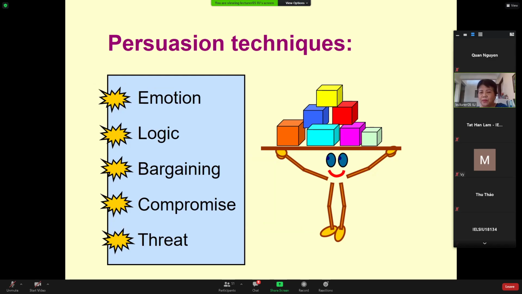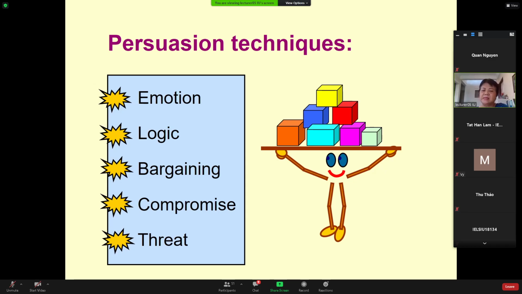Now, okay, if we come to the negotiation meeting, it's important to use persuasion techniques.